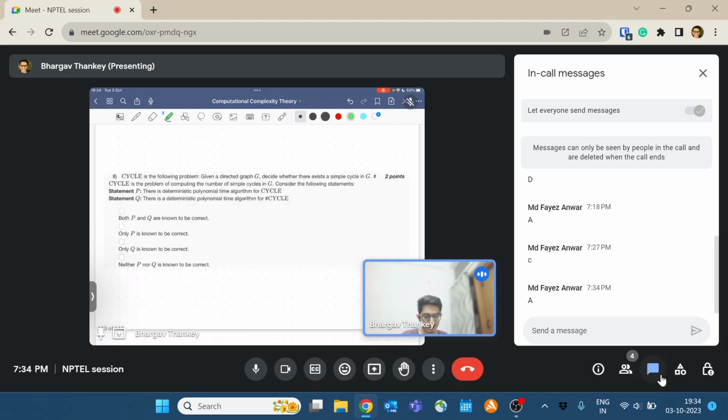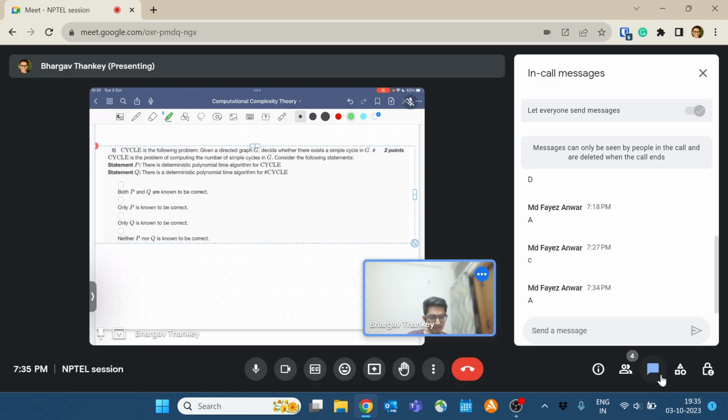The next problem is: Cycle is the following problem. Given a directed graph G, decide whether there exists a simple cycle in G. #Cycle is the problem of computing the number of simple cycles in G. Consider the following statements. Statement P: there is a deterministic polynomial time algorithm for Cycle.